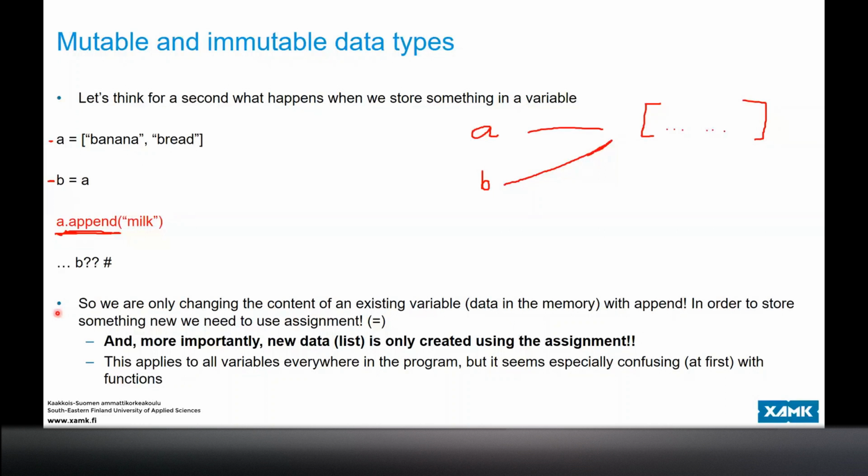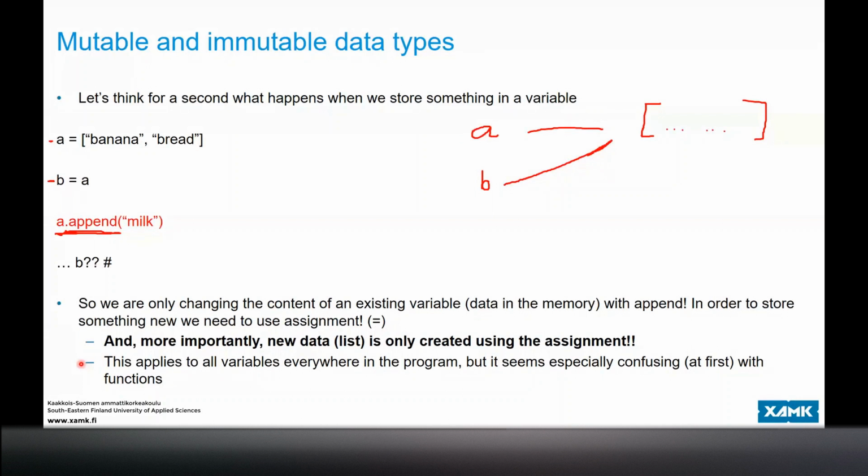If you wanted to store something new, you would need to use the assignment operator, the equals sign. And more importantly, new data or a new list is only ever created if you use the assignment. So if you don't use an assignment, if you use append instead, it's going to modify the old list instead of creating a new one.